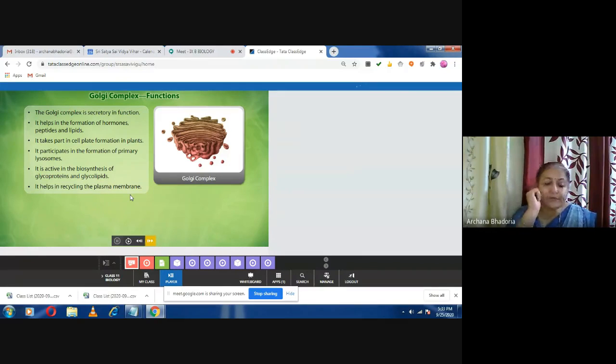And helps in the formation of primary lysosomes. This is an important function. Then helps in the formation of plasma membrane. And it is secretory in function. Have all noted these points? Any point which you have not followed, children?